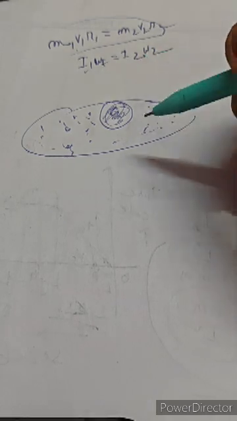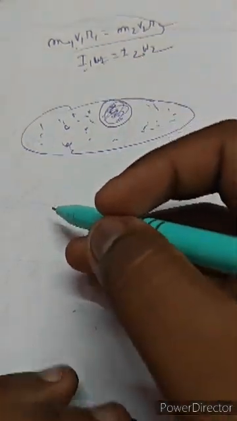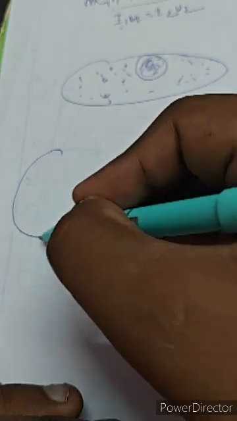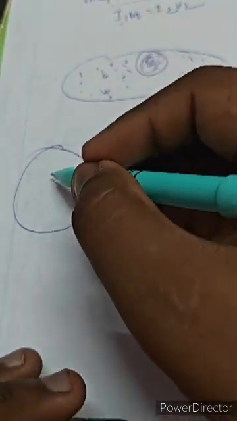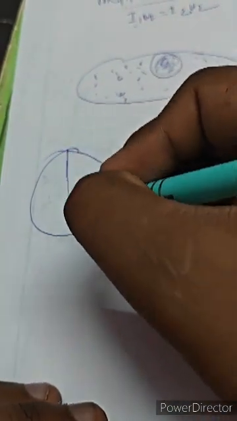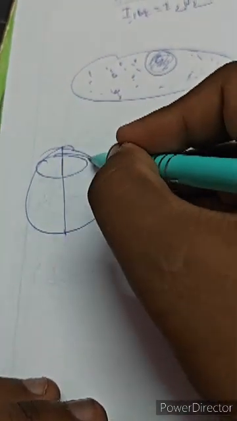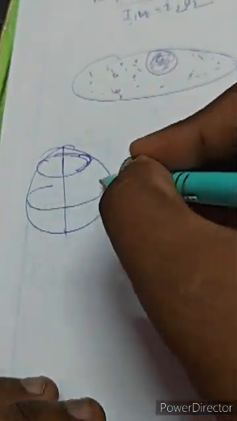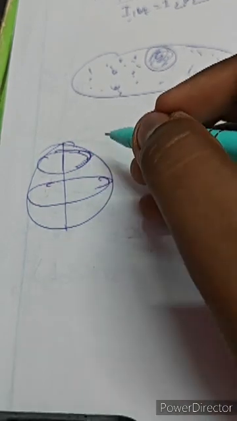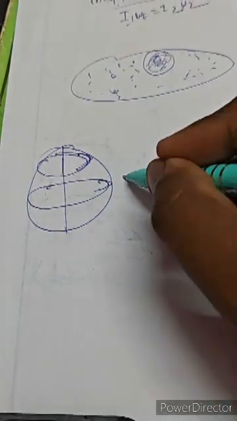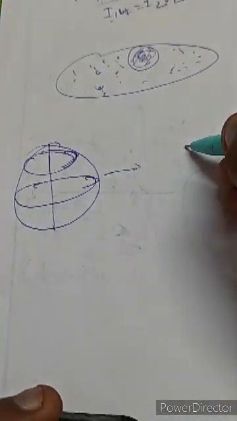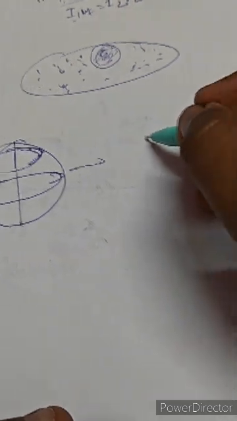So first we conceptualize this. Here you think of it like a sphere, and it then flattens for extreme rotation.